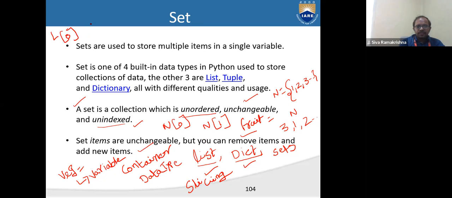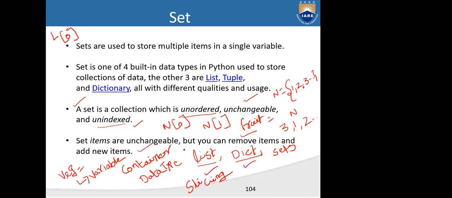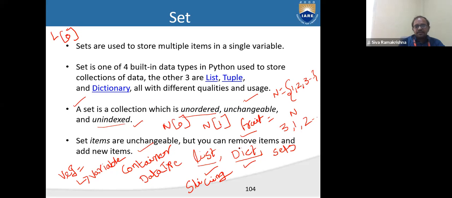If you want to modify that element, that is also possible. That is called mutable. Set is also a mutable data type. How is it mutable? Because you can remove items present in the set. Also, you can add new items to the set. However, you cannot modify the elements present in the set.